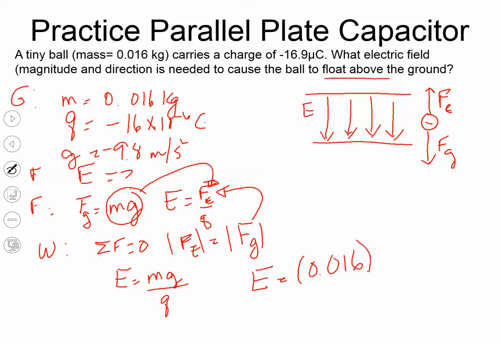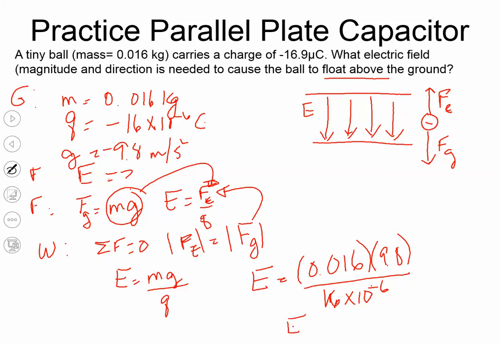0.016, and again, you should be doing this in your notes with me, times 9.8 meters per second squared down, and divided by Q, which was 16 times 10 to the negative 6th. So we're going to stick that in our calculator. Again, this is a 16, sorry.